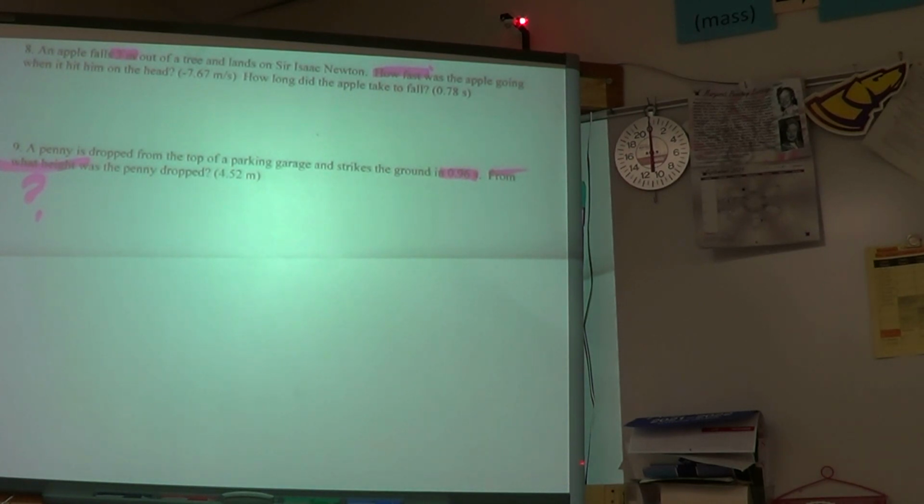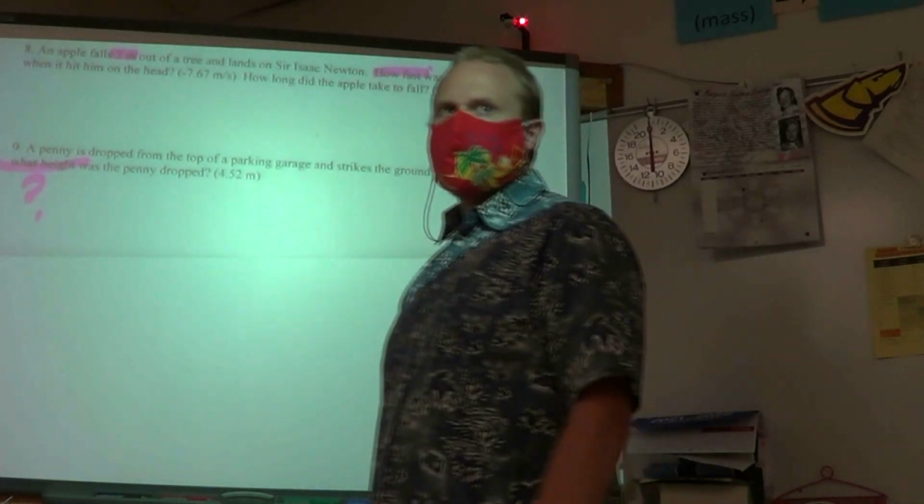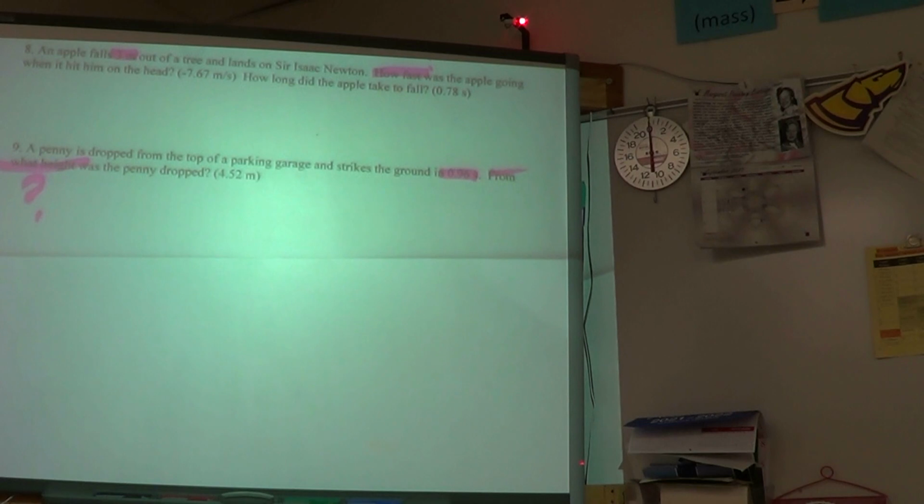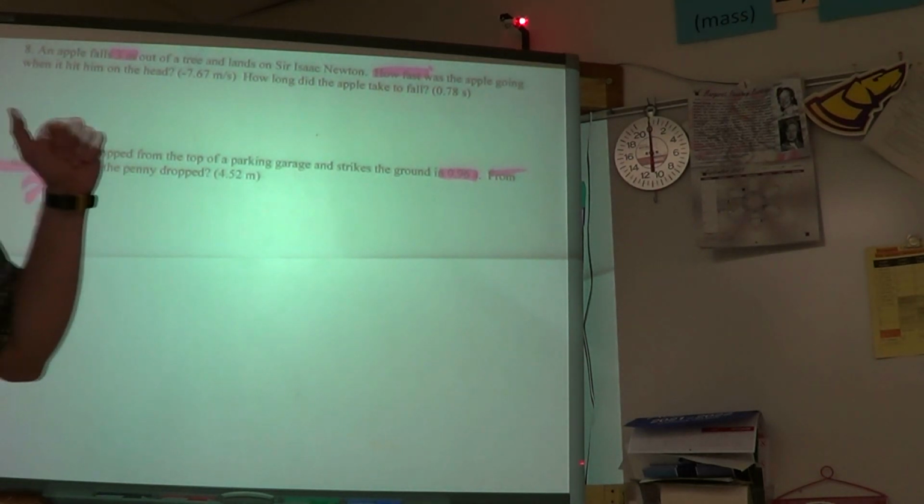So go through the problem types, and based on your problem types, make a list of variables that is given in the problem, and you can pull from the problem itself. I'm going to give you about 30 seconds, because all we're doing right now is making a list based upon the number given and problem type.